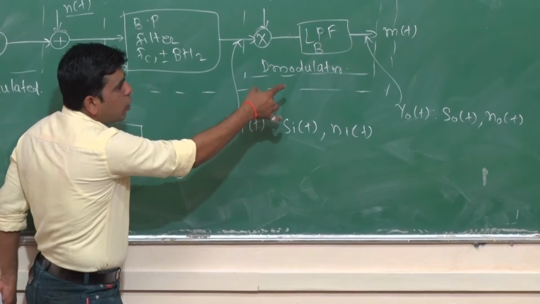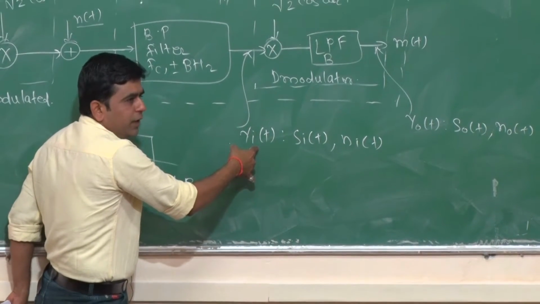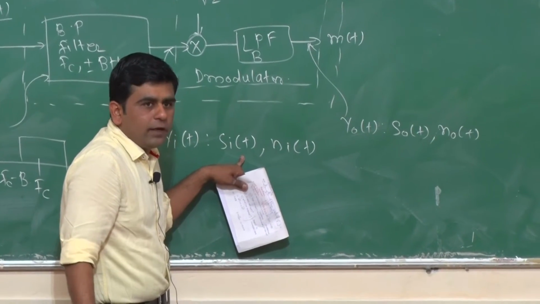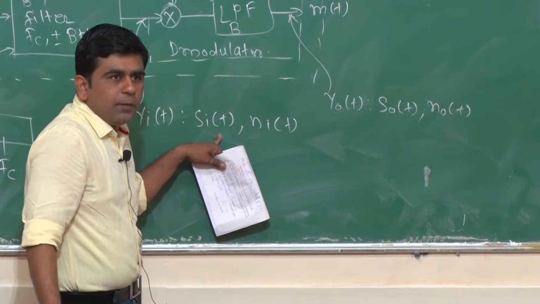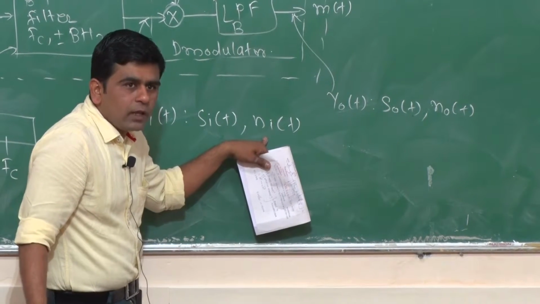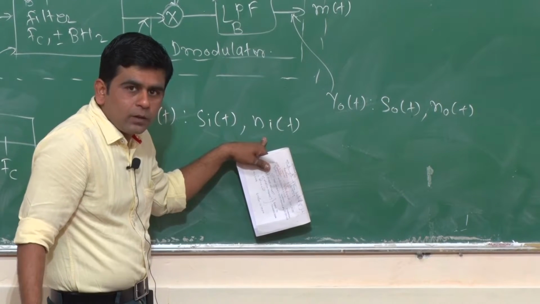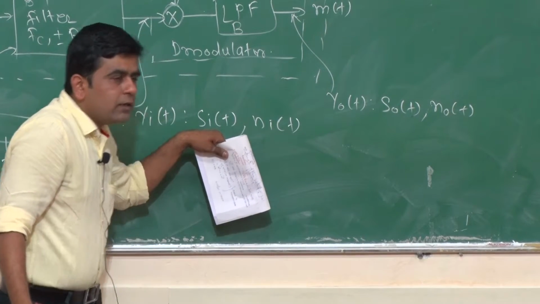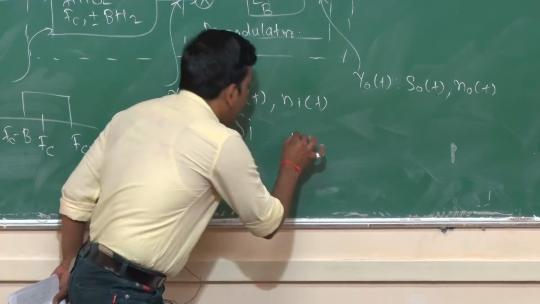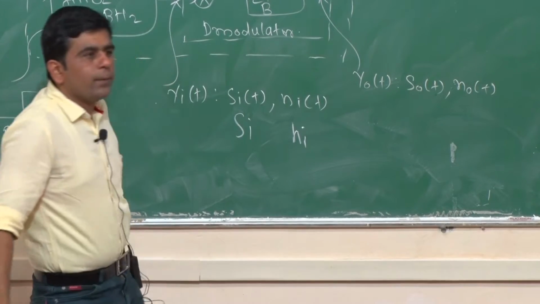The input to your demodulator, which is given as y of t, will contain the input signal si of t, with power Si, plus noise ni of t. For si of t we will get the power Si, and here we are having Ni.